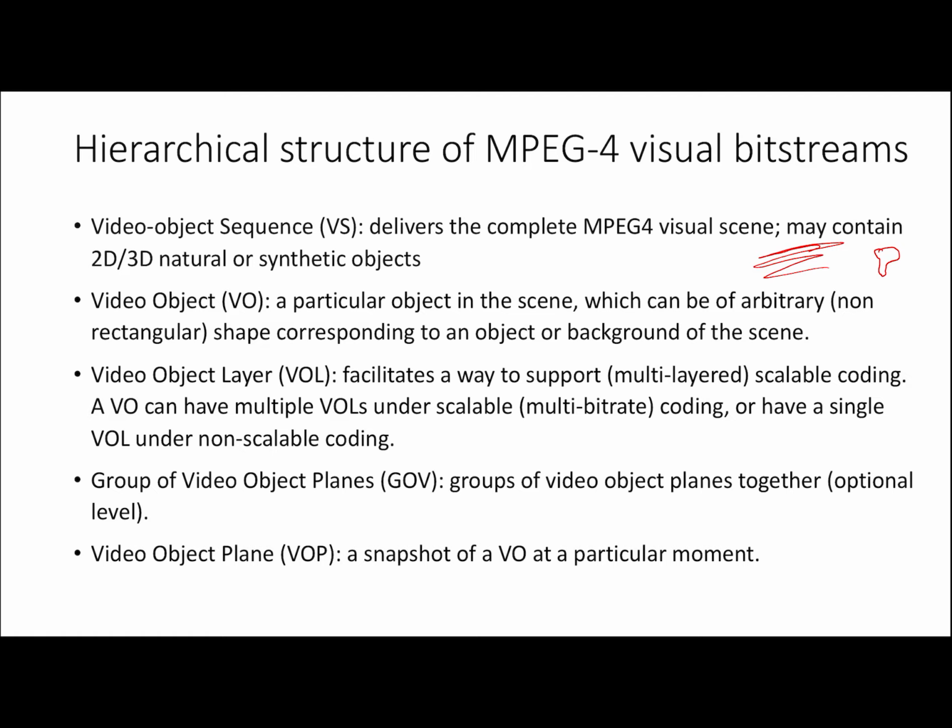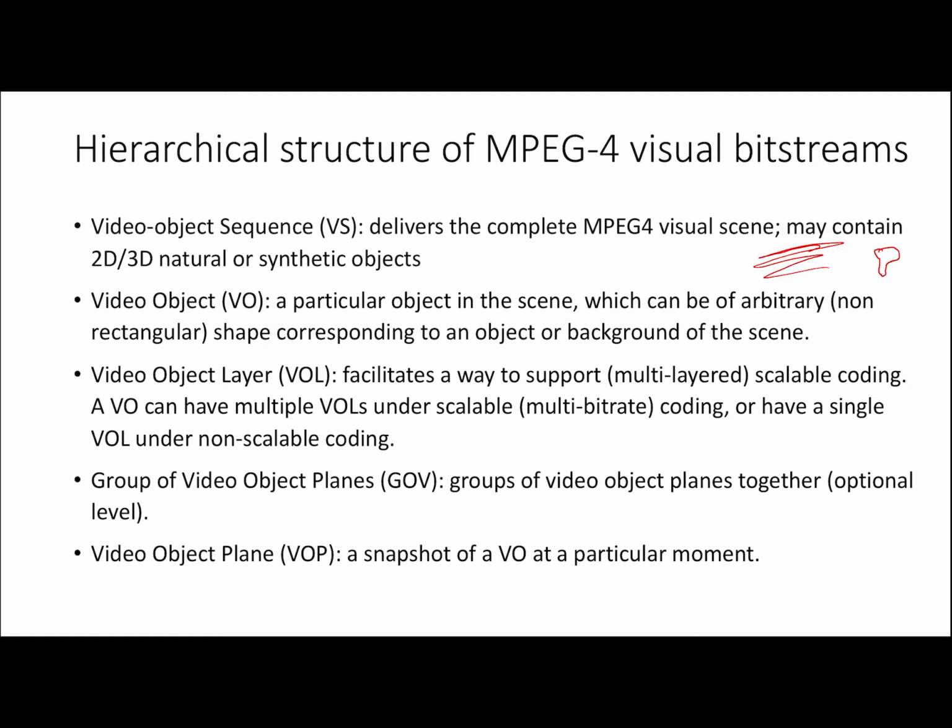Then we have the video object layer, which provides support for scalable coding. Now this scalable coding refers to the ability to only decode a part of the bit stream and reconstruct images or sequences with reduced decoder complexity, reduced spatial resolution, and reduced temporal resolution.